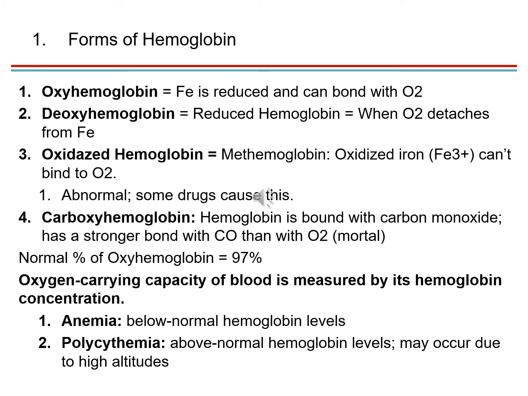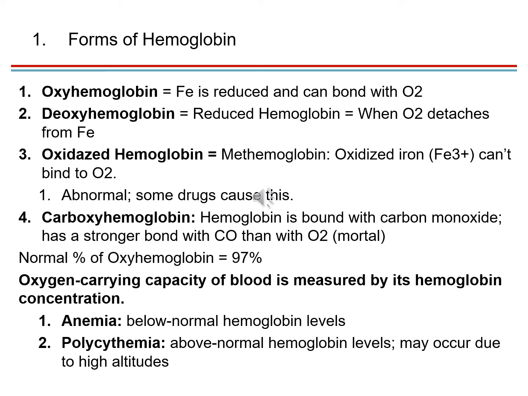A very common scenario where the patient incurs polycythemia is when he's exposed to high altitudes, because at high altitudes the oxygen levels are reduced. When the body senses the low levels of oxygen, the body doesn't understand that it's at high altitude.